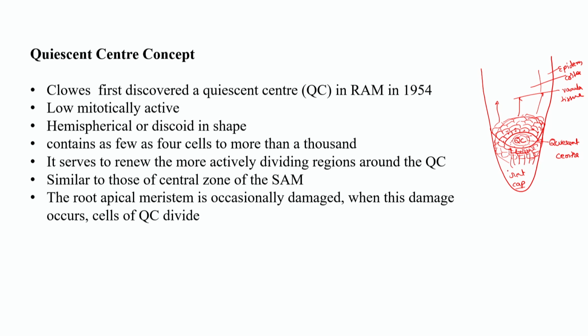And a similar type of zone, as I have told you before, is also there in the shoot apical meristem, which is known as the central zone.